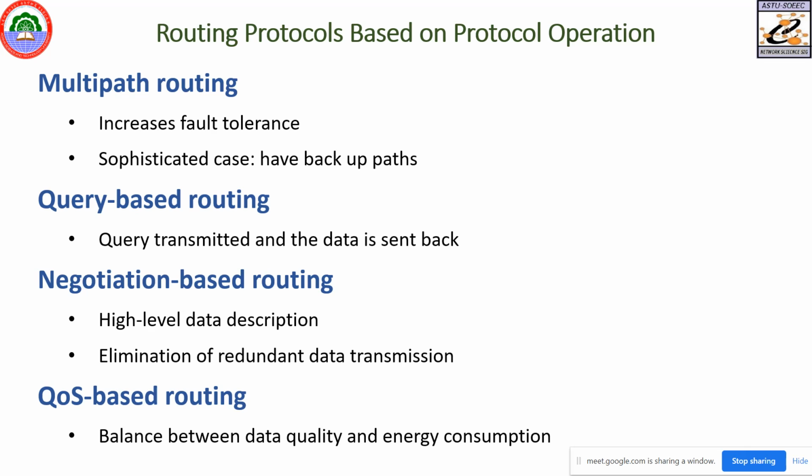The last category is called quality of service based routing. The name itself suggests quality of service. That is where the signal strength is more, where the quality of service parameters are satisfied in that particular communication path. It will consider the energy consumption and the quality of service.